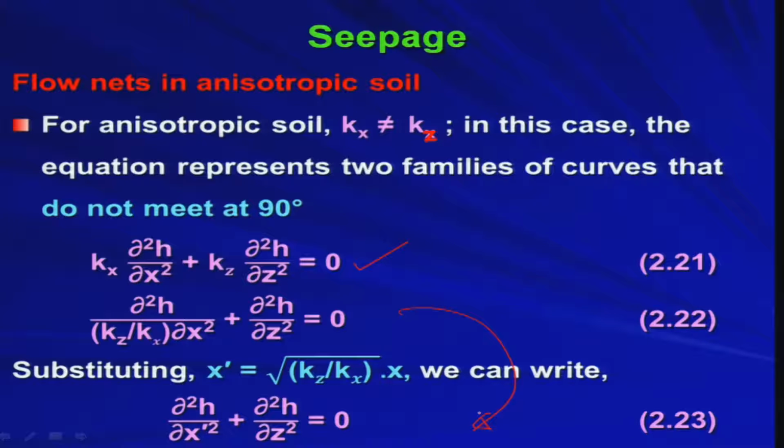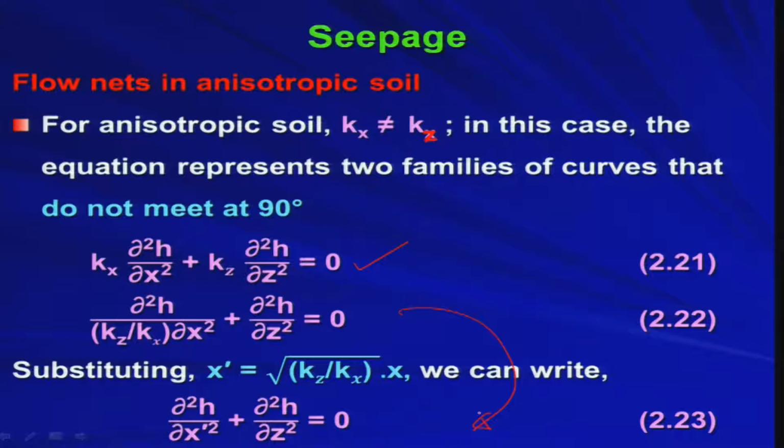So we are transforming the x axis so that x prime equals root over Kz by Kx into x, and z remains as it is. There is no issue with the z axis.